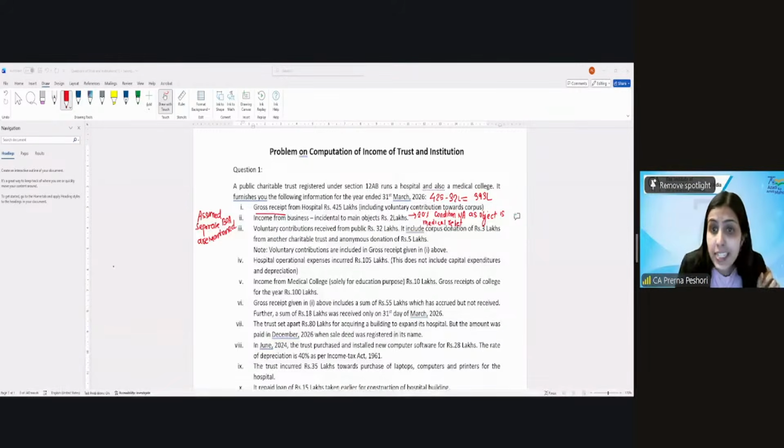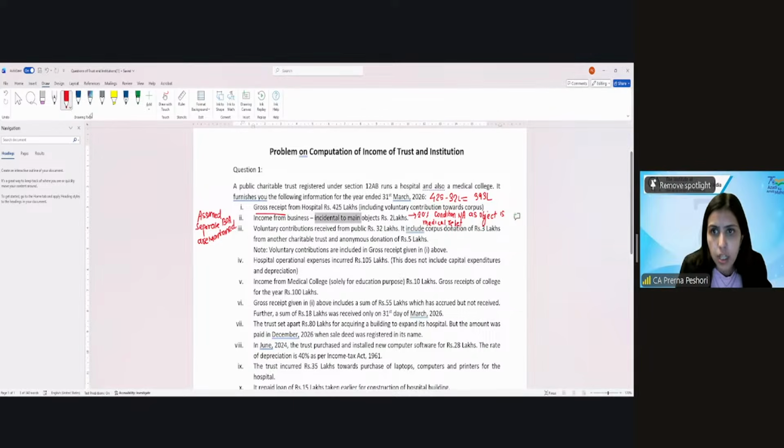Because if you have any incidental income, you need to maintain the separate set of books of accounts. Yes or no? Yes, students? Yes, clear. Okay. Then comes the voluntary contribution received from the public.